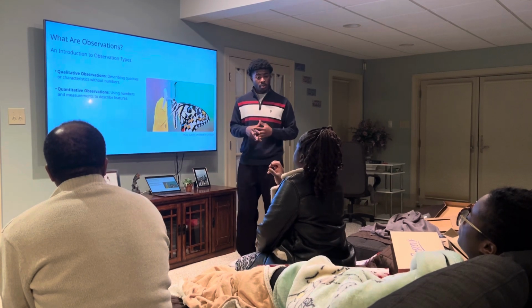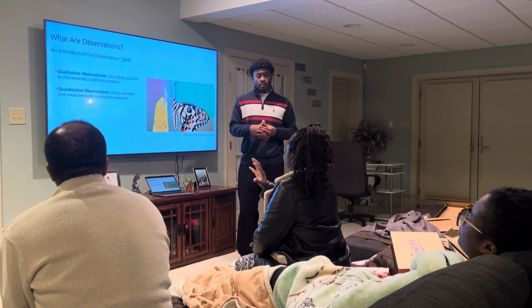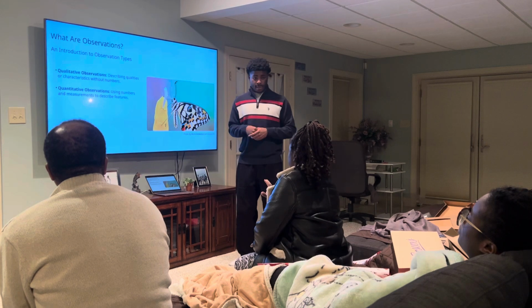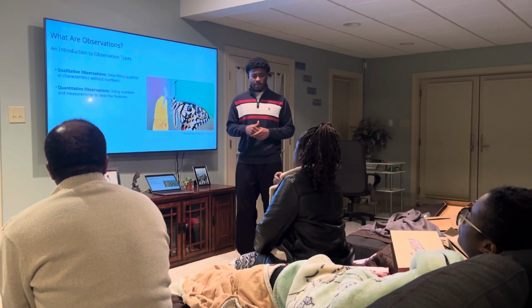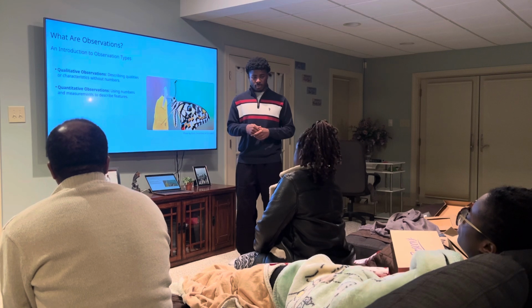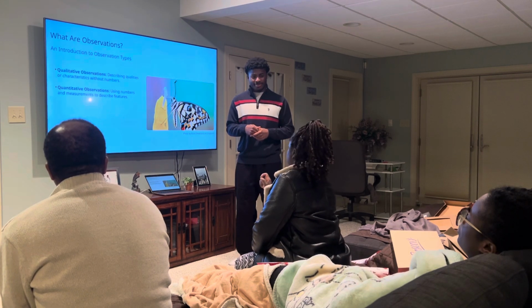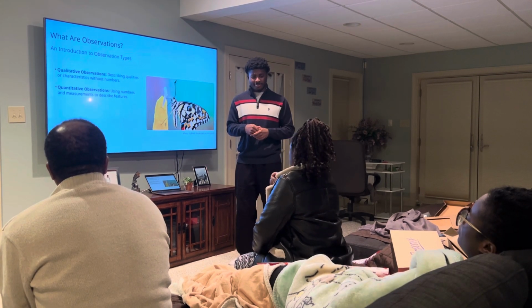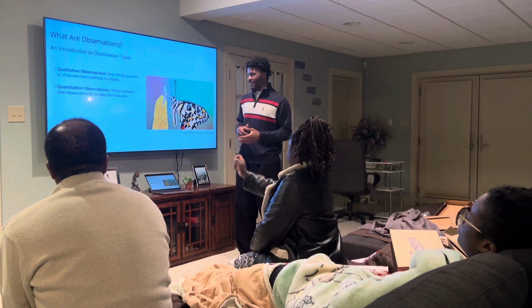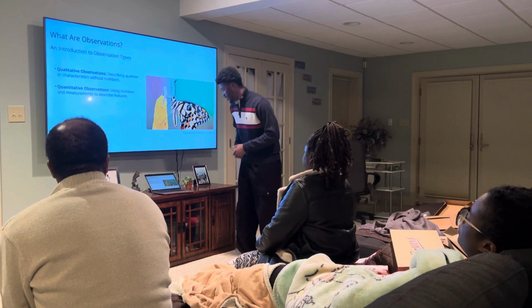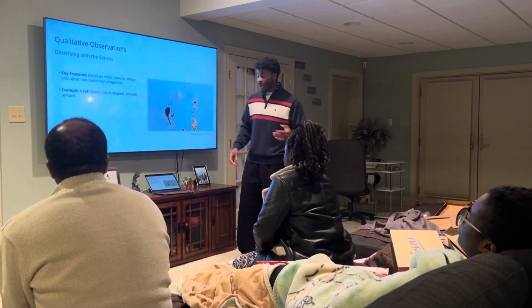So one is about not using numbers or measurements. Yes, and that is qualitative. And one is about using numbers and measurements to describe what you see. Exactly, and that is quantitative observation. Perfect.